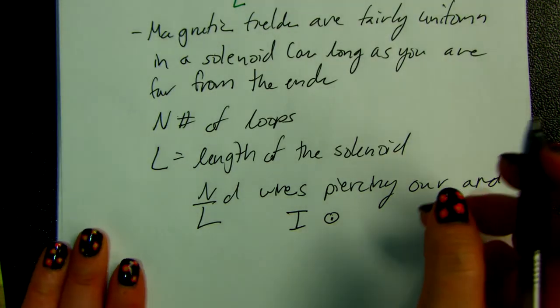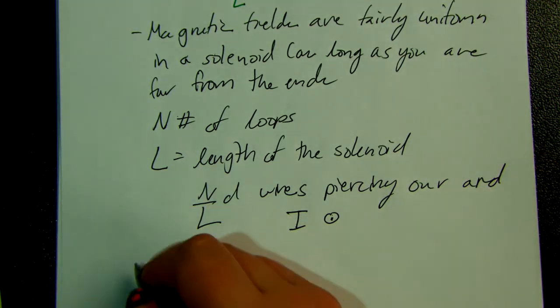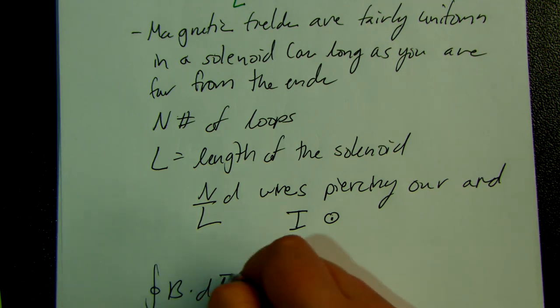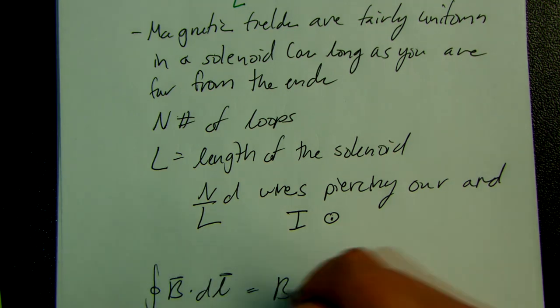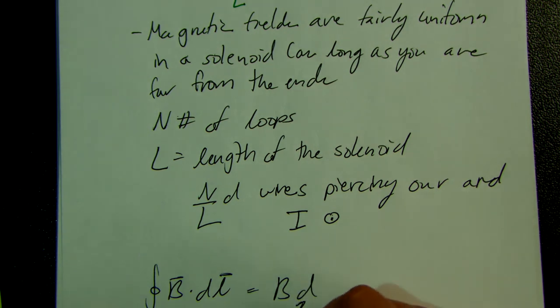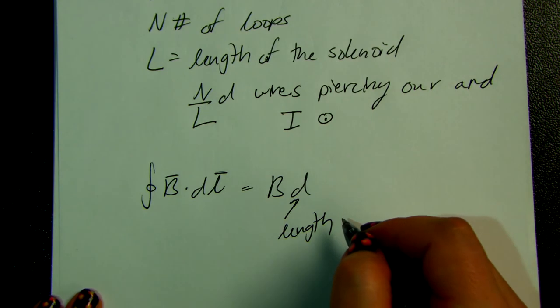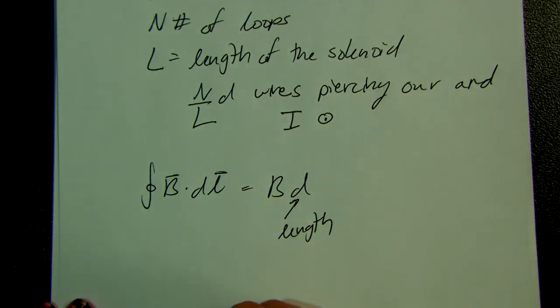Okay? So let's break this down. So we've got B dot dl is equal to Bd. That's the length. Now we need to go after I total.